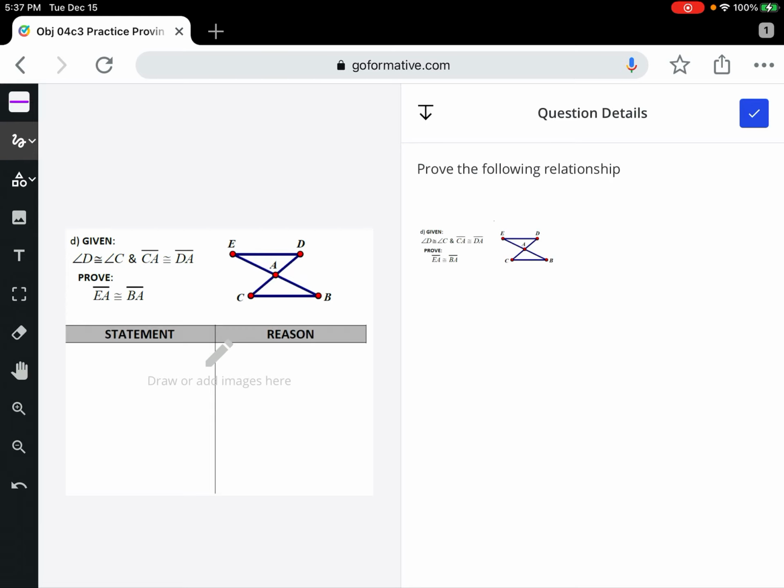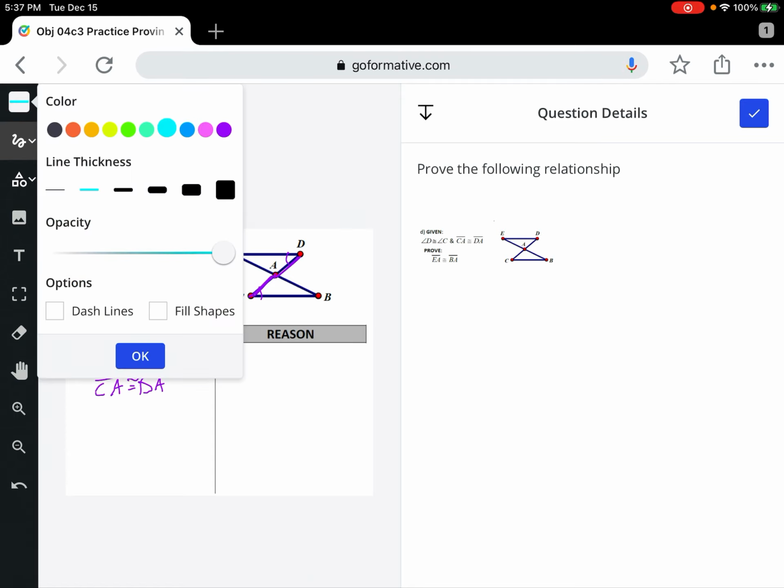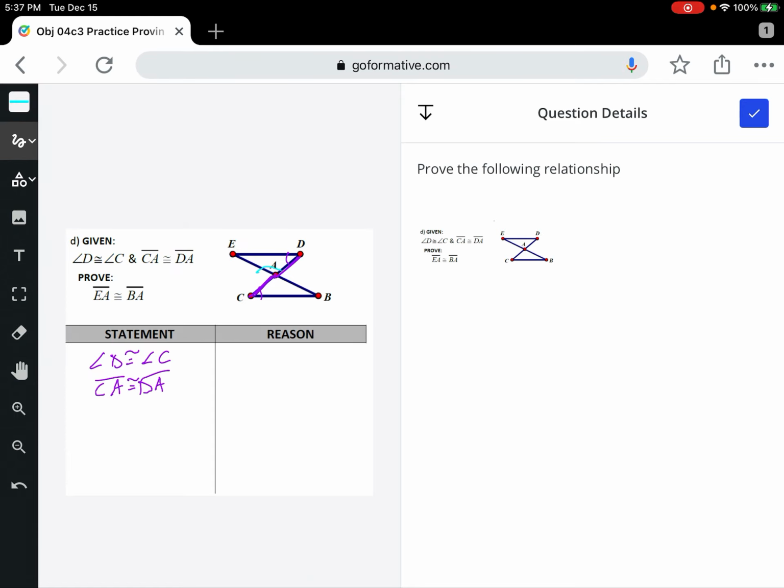So that's number 3. Number 4 goes easy again. You know angle D is congruent to angle C. You know CA is congruent to DA. And then we have our vertical angles. I know EAD is congruent to BAC. Again, another vertical angles theorem.